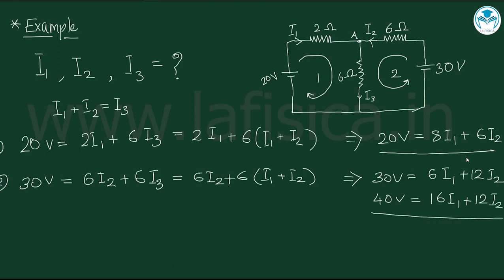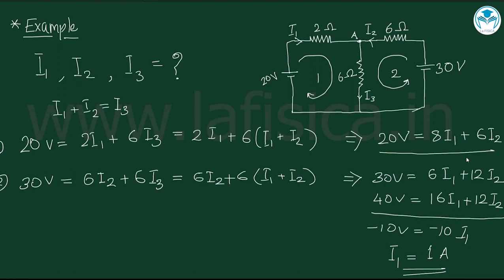Just subtract, then I'll get minus 10 volt equal to minus 10I1. That is I1 equal to 1 ampere.